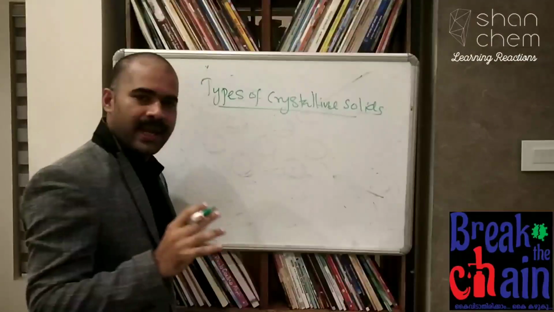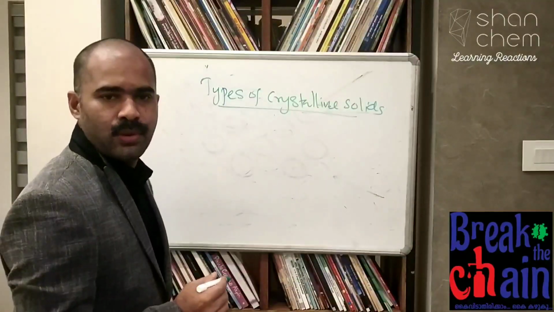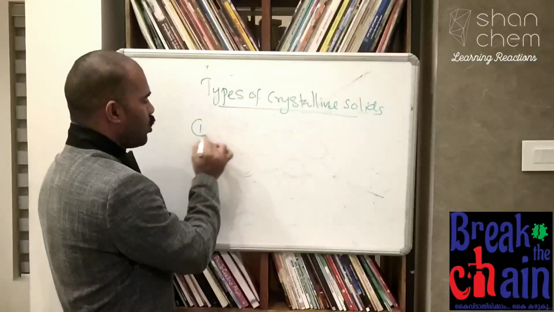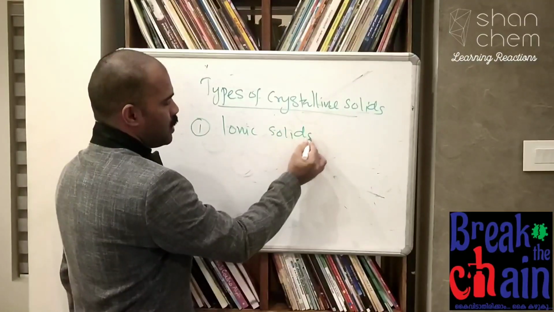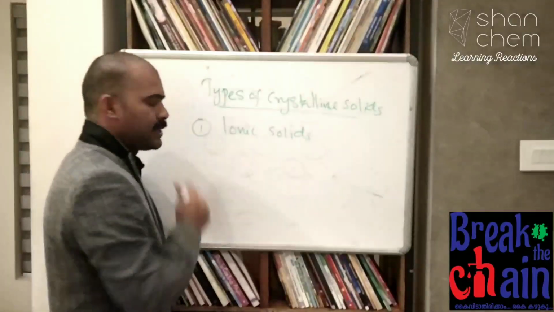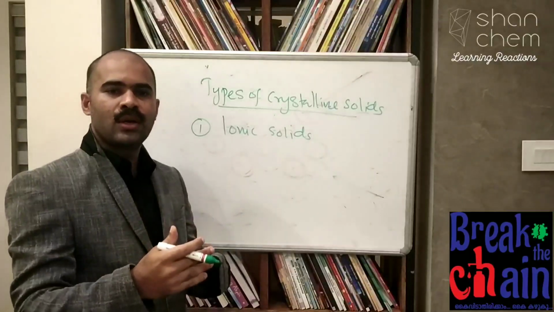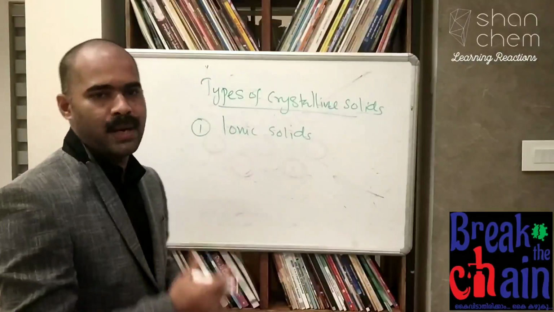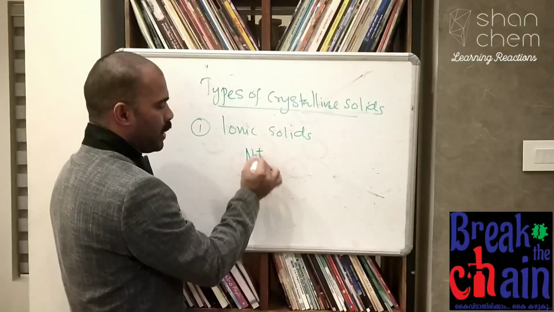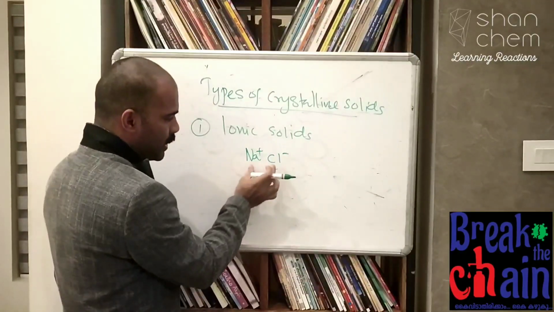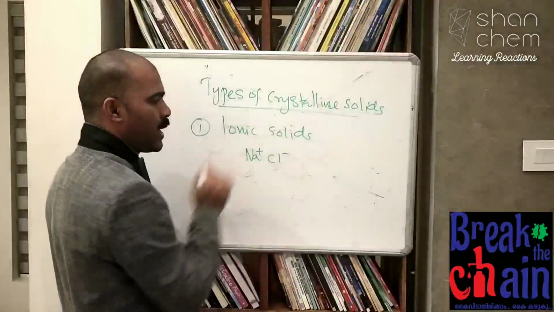The first one is called ionic solids. What is an ionic solid? A solid in which there is a strong ionic bond among the particles. Like NaCl, there is a Na plus ion and a Cl minus ion. The attractive force is a Coulombic attractive force, that is the ionic bond. Such crystals are called ionic solids.